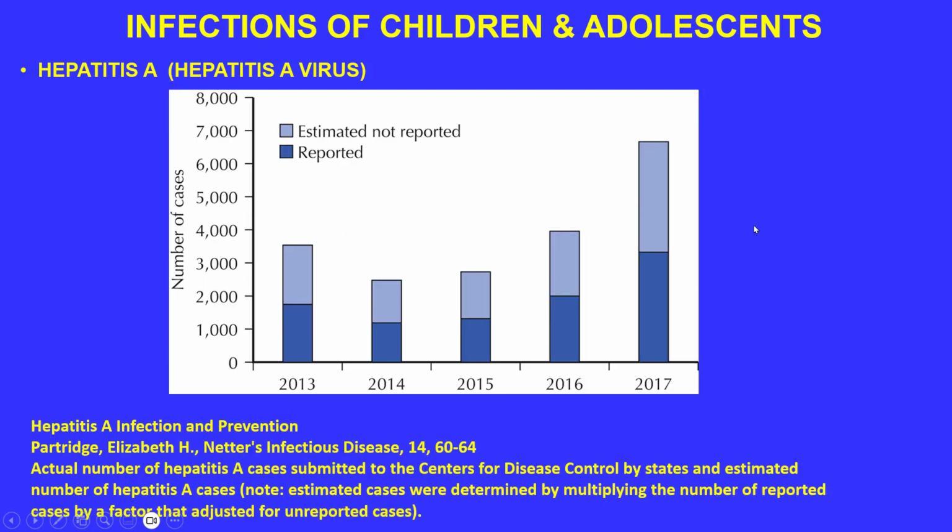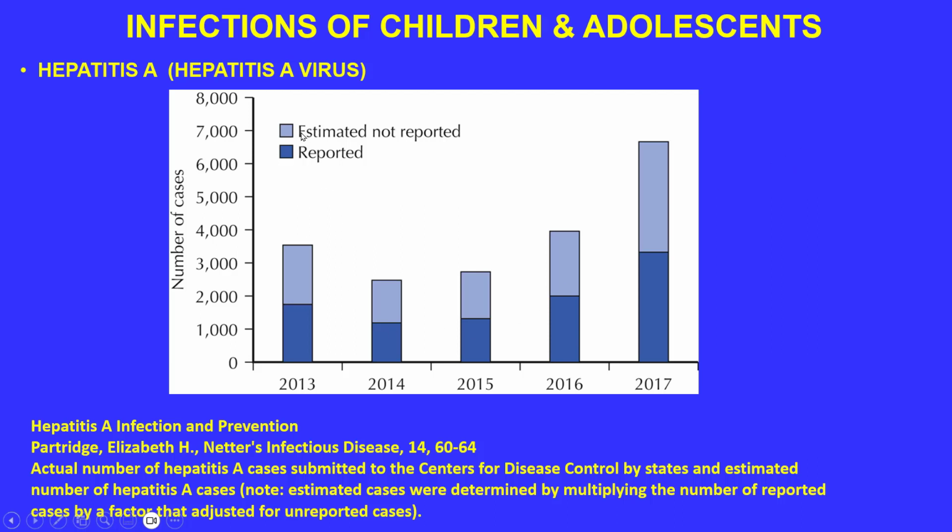Now, if we look here, this is the actual number of Hep A cases submitted to the Centers for Disease Control by states, and the estimated number of Hep A cases. Estimated cases are determined by multiplying the number of reported cases by a factor that adjusts for the unreported cases. That depends on how many states declared and how many states had not been doing anything.